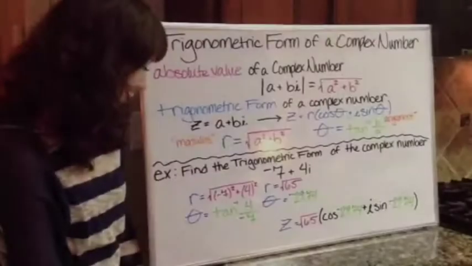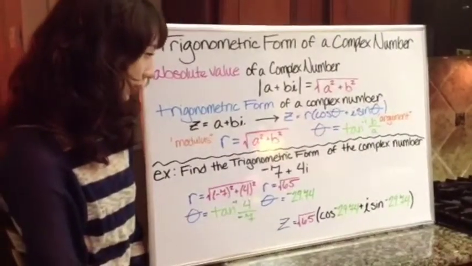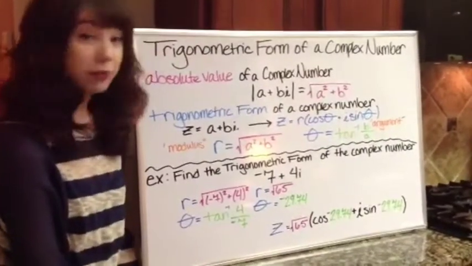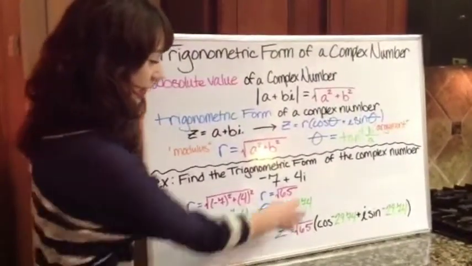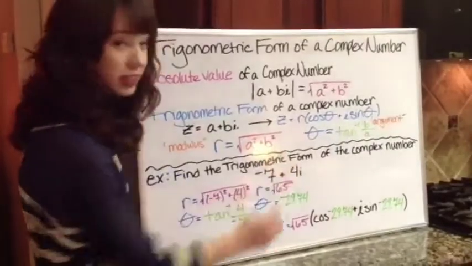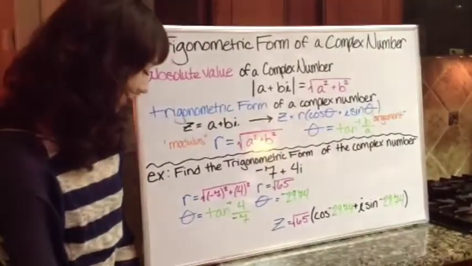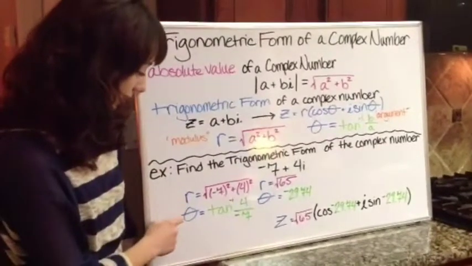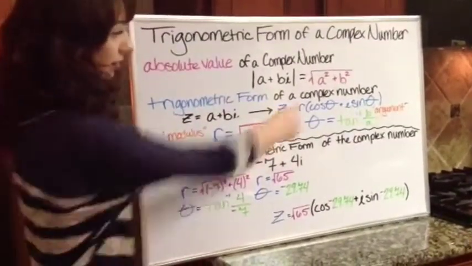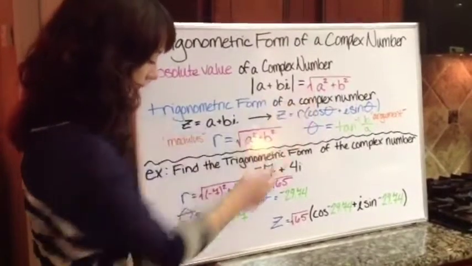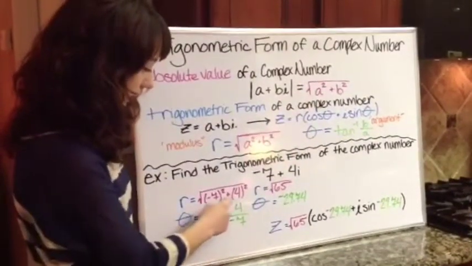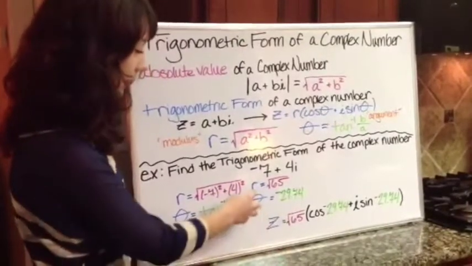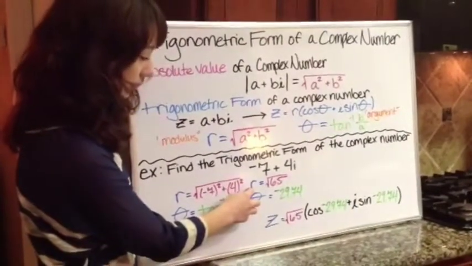Okay, for example 1, we have to find the trigonometric form of this complex number, negative 7 plus 4i. Your first step is you always want to make sure that the number with the i is your b term. So r is the square root of a squared plus b squared, so negative 7 squared plus 4 squared, and you get r equals the square root of 65.